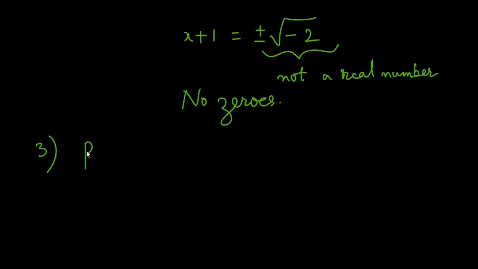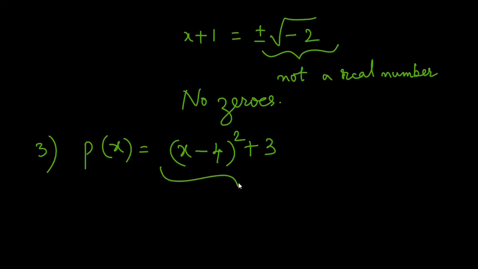Third one, let us say P of x is equal to x minus 4 whole square plus 3. If we equate this polynomial to 0 and try to find zeros of the polynomial, x minus 4 whole square plus 3 is equal to 0.